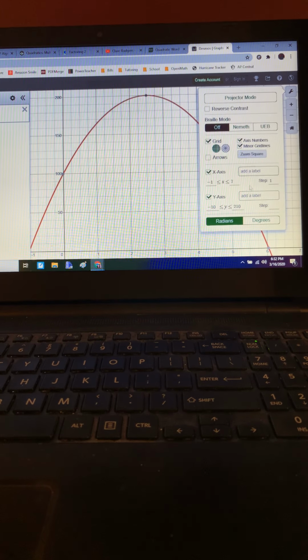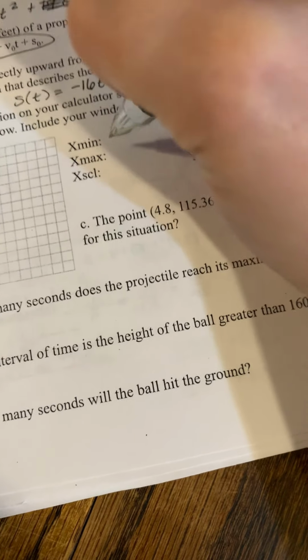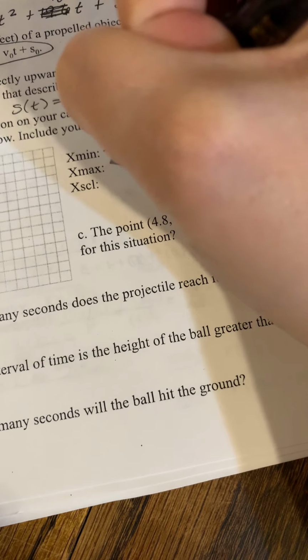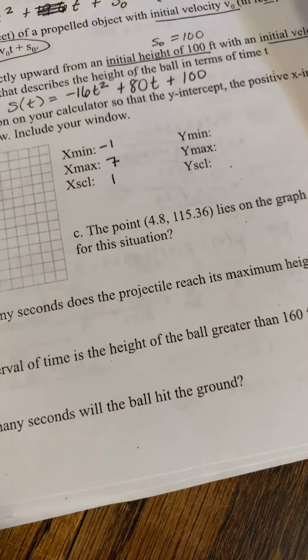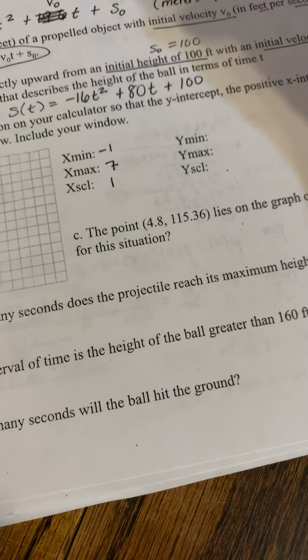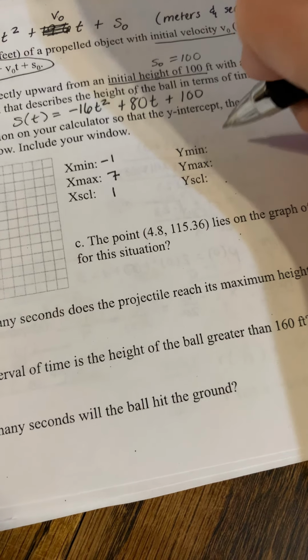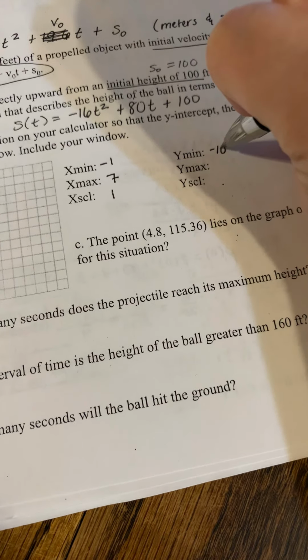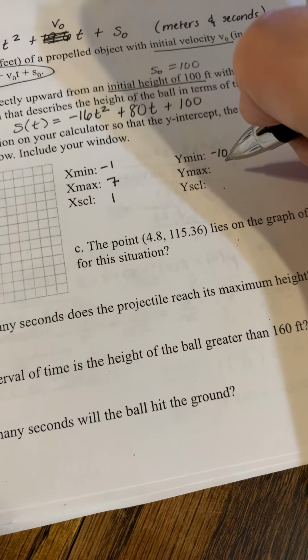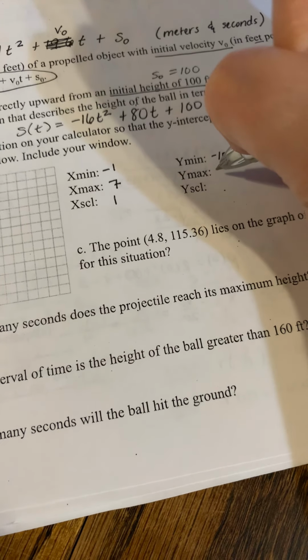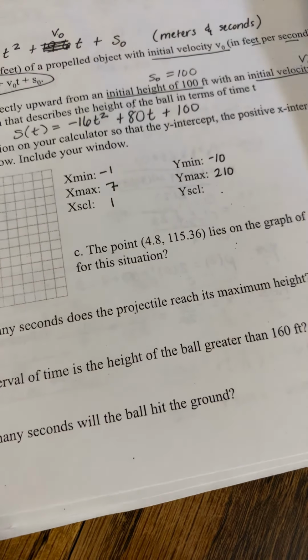So let's go ahead and write down our window. So our x-min is -1, and our x-max is 7, and we're counting by 1. That's our x scale. That's the same as steps on this. The y-min is -10, and the y-max is 210.